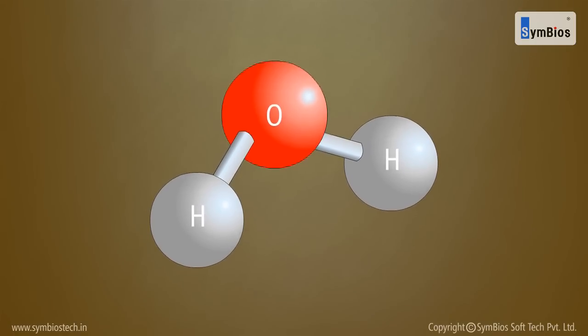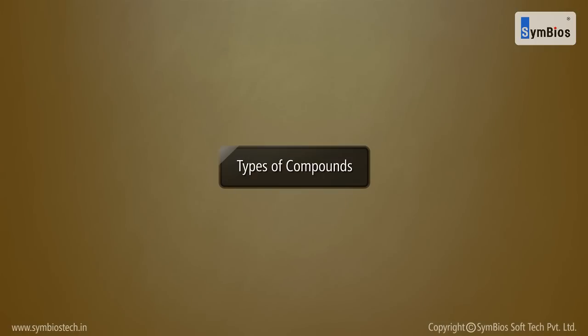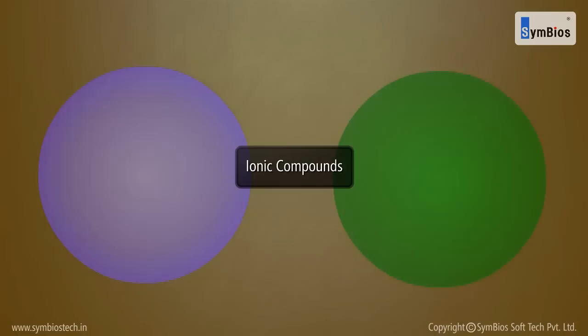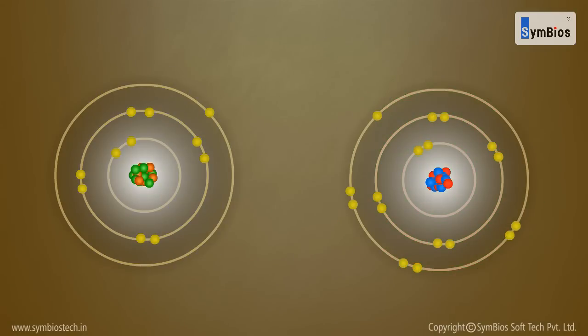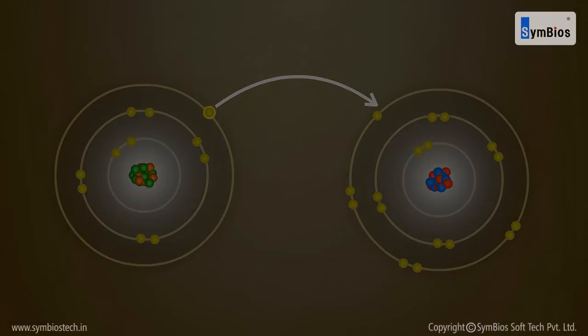Now, let's have a look at the types of compounds. Ionic compounds are compounds composed of ions, charged particles that form when an atom or group of atoms, in the case of polyatomic ions, gains or loses electrons.